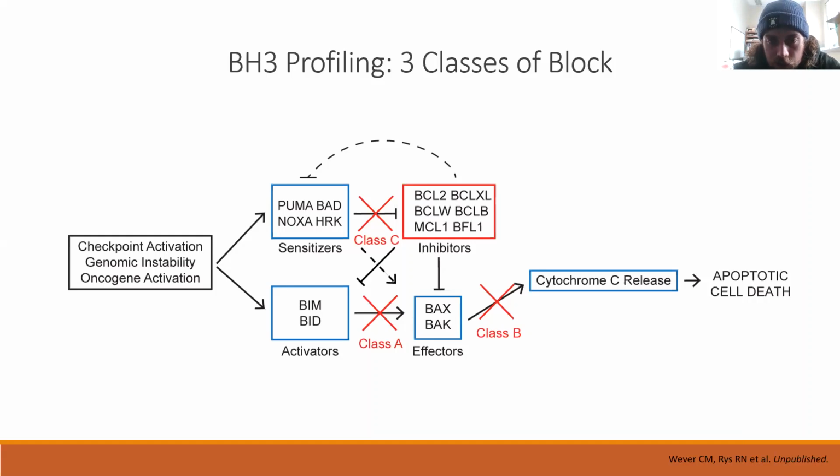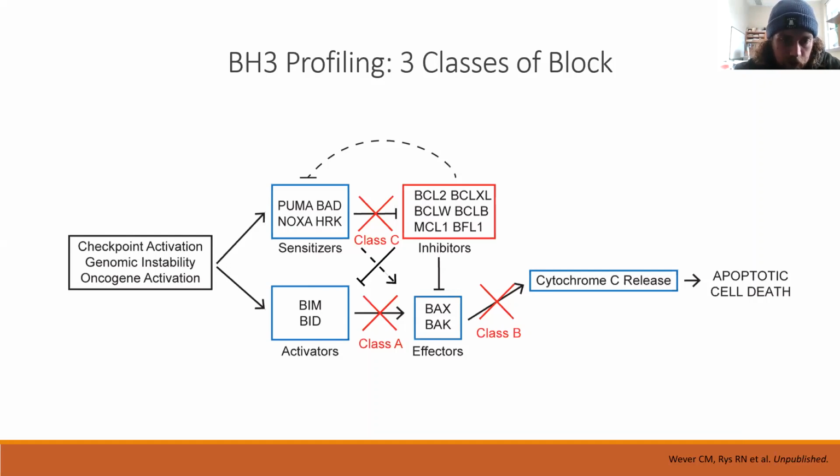It means that the pro-apoptotic proteins are functioning fine, and the only reason the cell doesn't undergo apoptosis is because the anti-apoptotic proteins are acting on our effectors, activators, or sensitizers, and preventing them from initiating apoptosis.